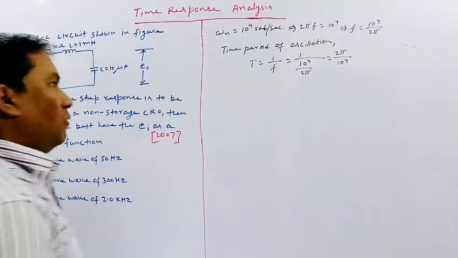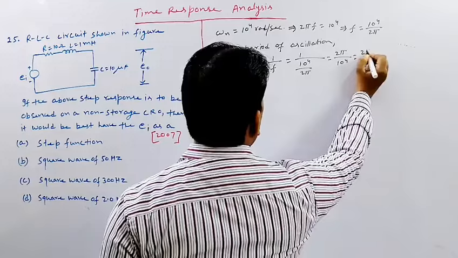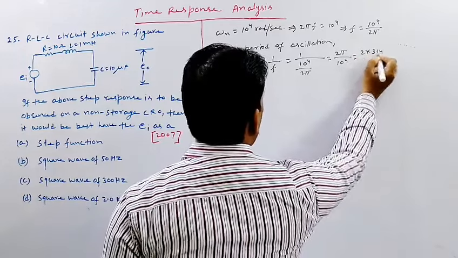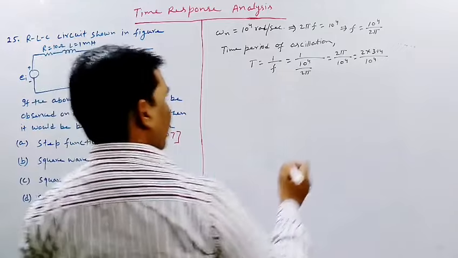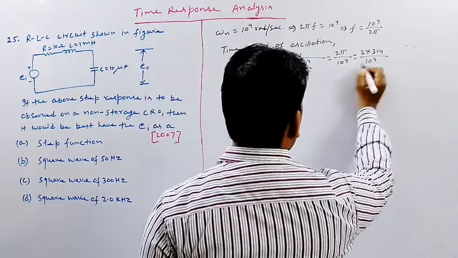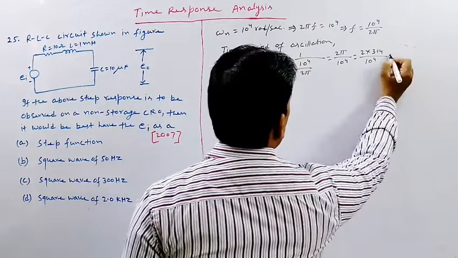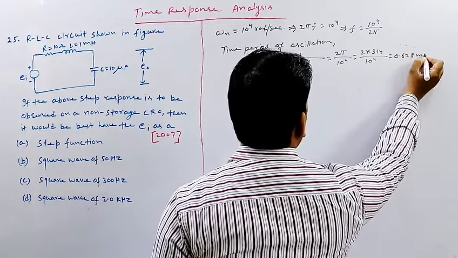So 2 multiplied by 3.14, divided by 10 to the power 4, will be 6.28, so 0.628 millisecond.